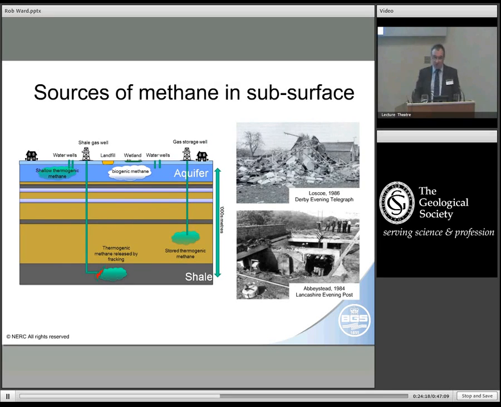The gas at the top was due to biogenic methane caused by the migration of landfill gas. So we've had a very long history, because of these incidents, of trying to differentiate between different sources of methane in the environment, not just for shale gas, but because of other environmental issues around methane. And it's been taken very, very seriously.